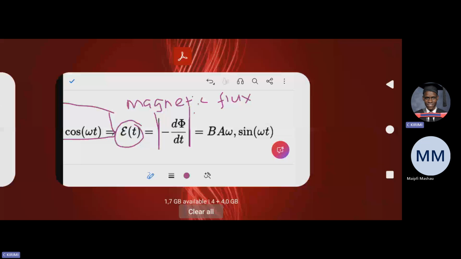Remember the question was to calculate the induced current, so we are not yet done. The peak EMF, remember, was just the EMF of that battery at any given point in time. E at time t is given by BA multiplied by omega sine omega t.